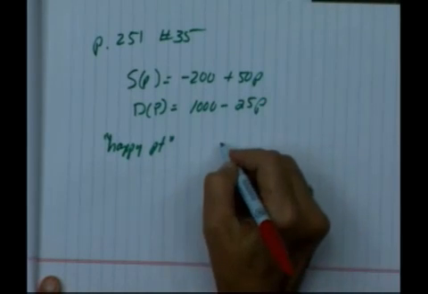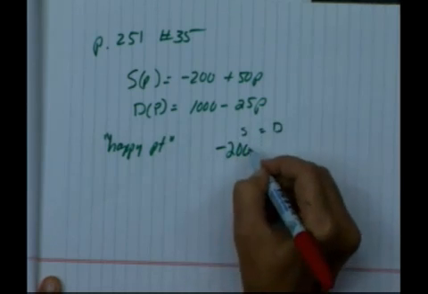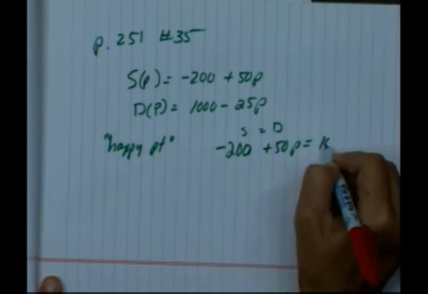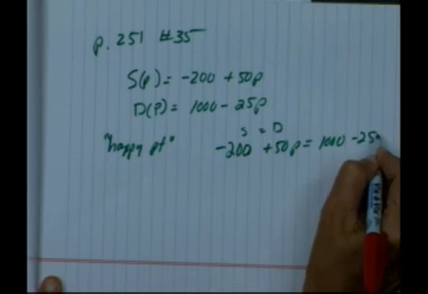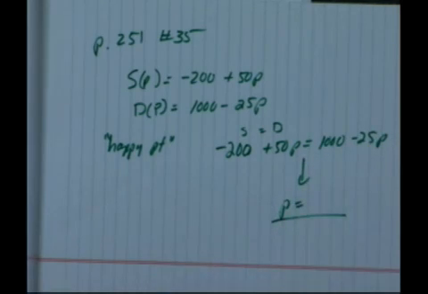Set them equal to each other. This is where S is equal to D. Negative 200 plus 50p equals 1,000 minus 25p. When you solve this, you will know what P is. Find the equilibrium price.